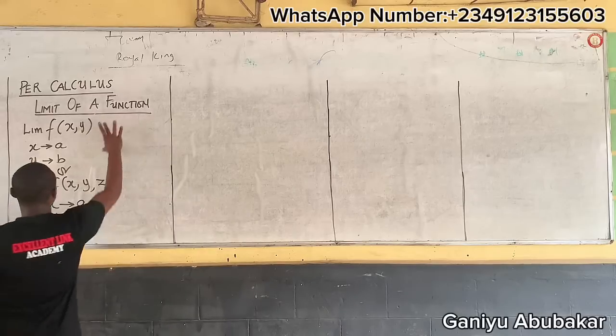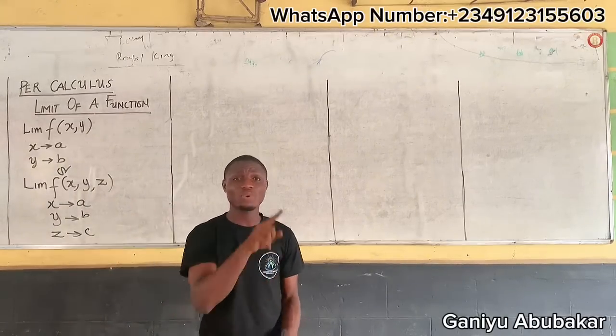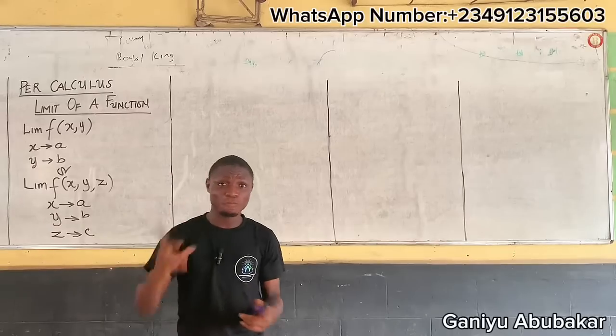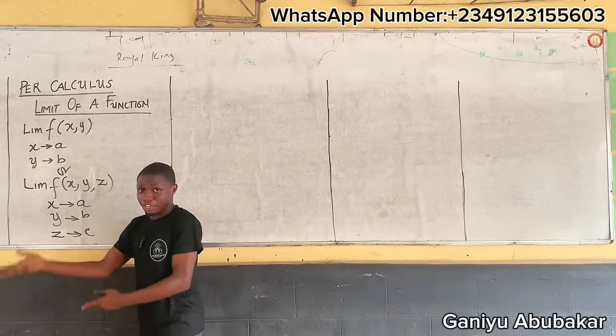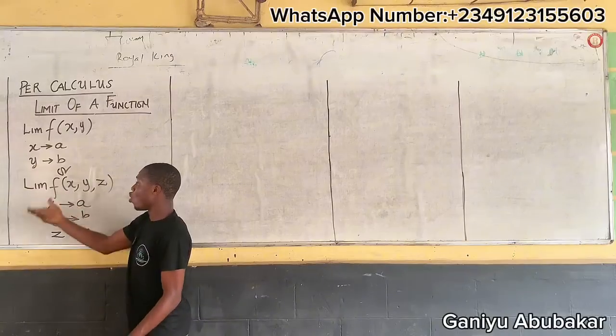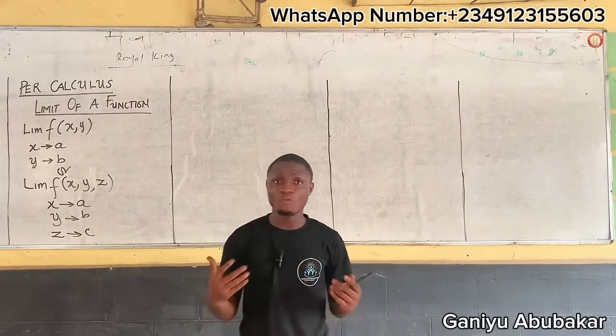This becomes a two variable and three variable problem. In our last class, we just looked at when x tends to something. That's just one variable. We look at two variables and three variables, where I have x, y or x, y, z.